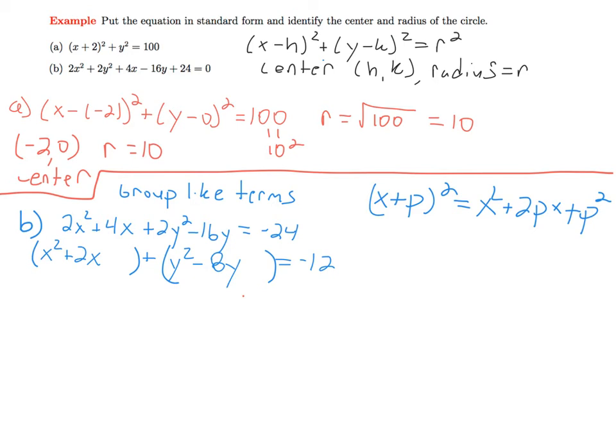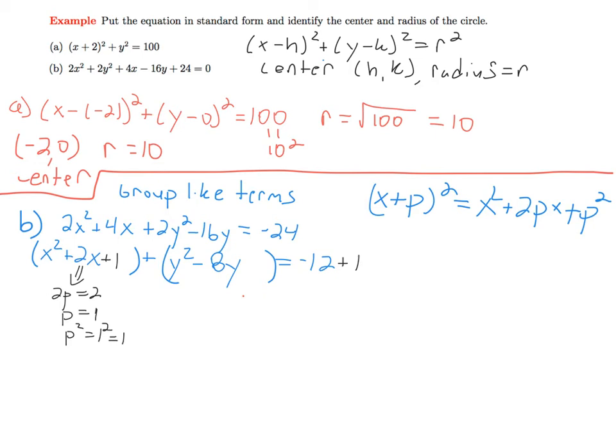So for the x terms, we have 2p is equal to 2. So that means p is 1. And we're going to want to add p squared equals 1 squared equals 1 to both sides.